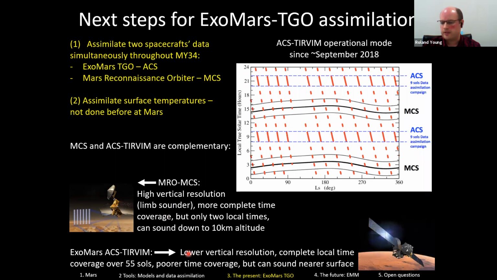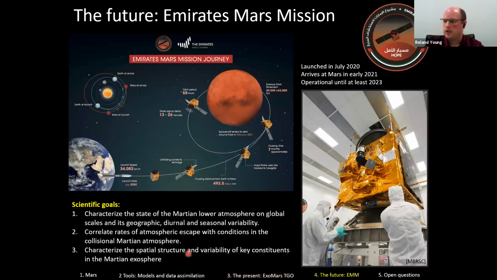Complementary to that is the ExoMars data set, which has lower vertical resolution, but one of the things about the ExoMars spacecraft is that it's able to cover all the different local times over a 55 sol period. 1 sol is essentially 1 day on Mars. So the combination of these 2 should allow us to better represent the Martian atmosphere in a more complete sense.